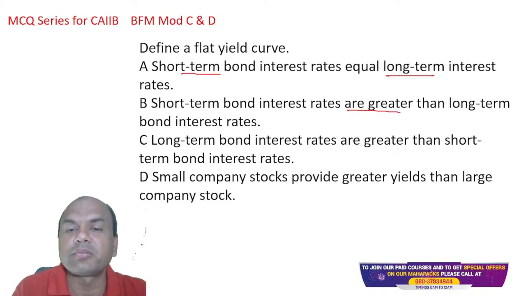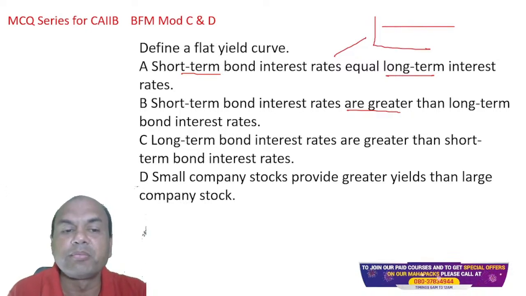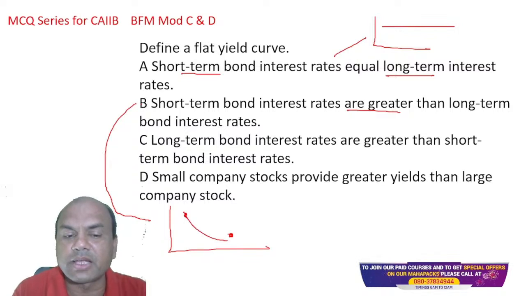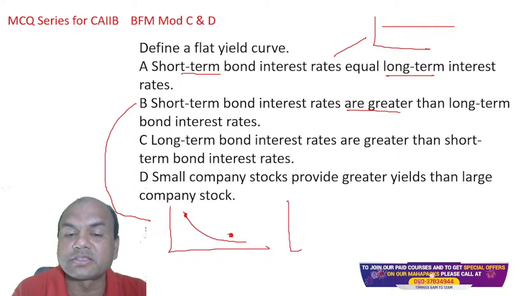See this: short-term equals long-term, so this is flat over here. Let's plot B: short-term greater, long-term lesser, so it will be like this. Recession: long-term interest rates are greater than short-term interest rates. So this C will be long-term greater than short-term, so it will be like this.